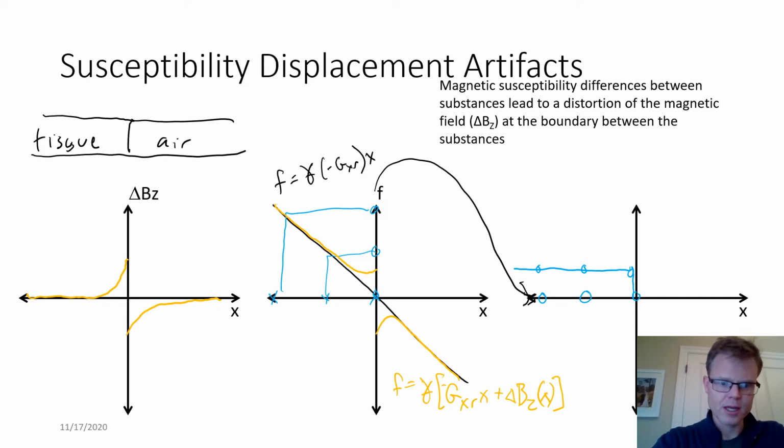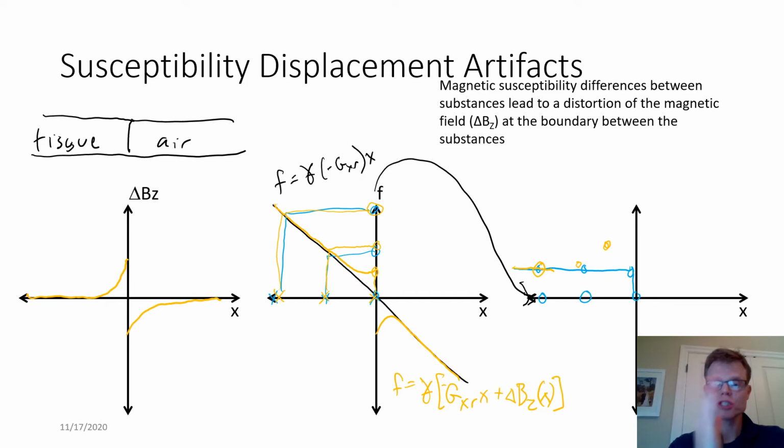And let's take a look again at our 3 separate locations. Again, away from the boundary, there's no change. As we get closer to the boundary, you might see some, I'm just going to draw it as a little shift a little bit closer. And then right at the boundary, you're going to see the largest shift up to this point here.